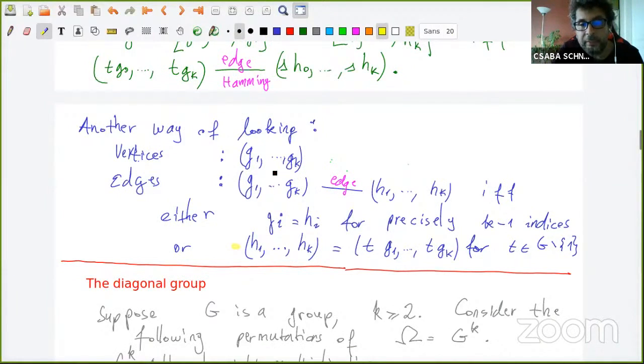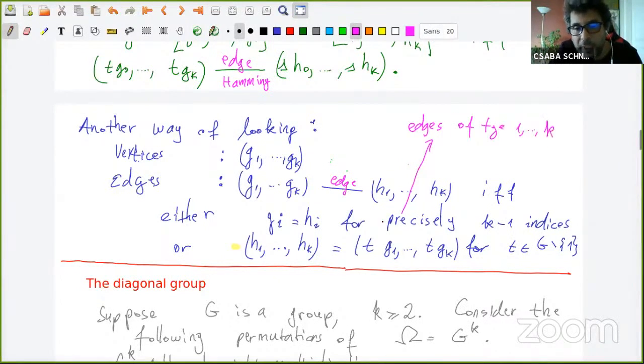So here we get edges of different types. Maybe later it's going to be important to be able to talk about it. So the first adjacency condition will give me the edges that we call of type 1 up to k.